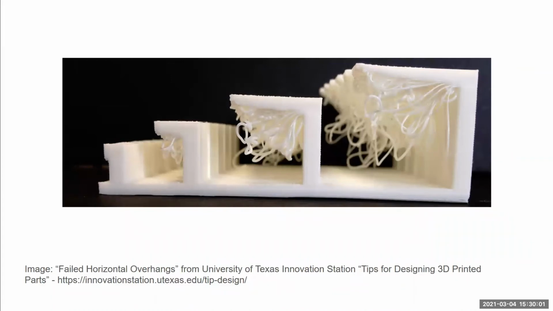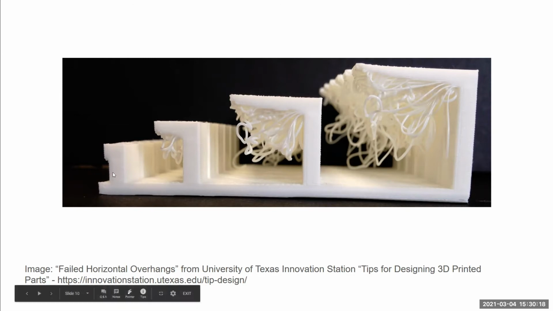Other things to think about, and I was kind of talking about this with that cone example, but overhangs are objects in the 3D print environment in which there is nothing for that object to rest on when the printer goes over it. You can see there is a short overhang here, this little upside down L. There's not a lot of space for the printer to spit hot plastic out onto and have it droop down.